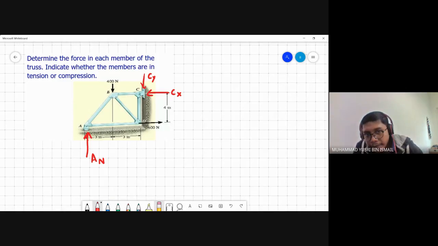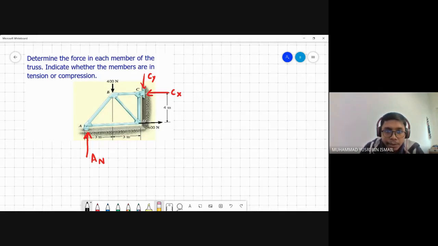And then I think you can solve some part of it by taking the equilibrium.